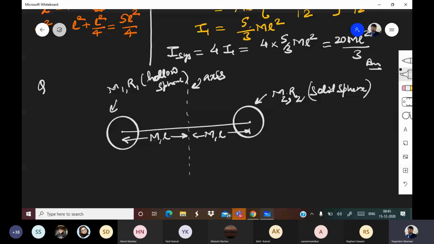Solid sphere means that must be filled with mass inside also. Hollow means that will be empty from inside. Okay, so please solve and give me the answer.